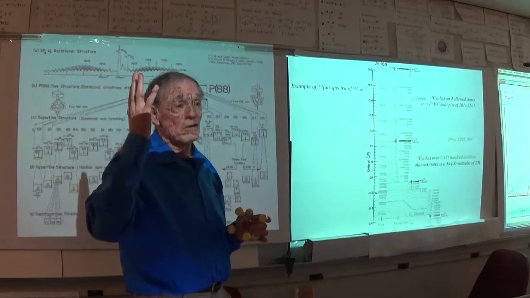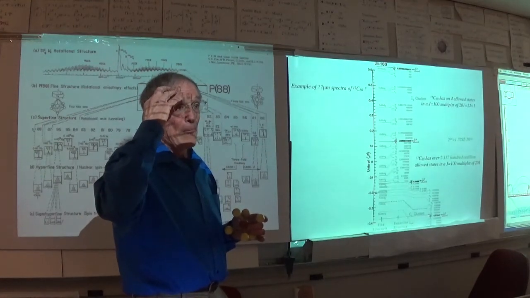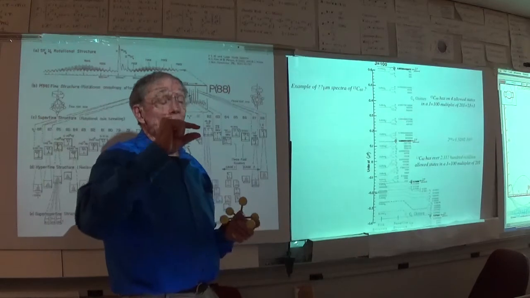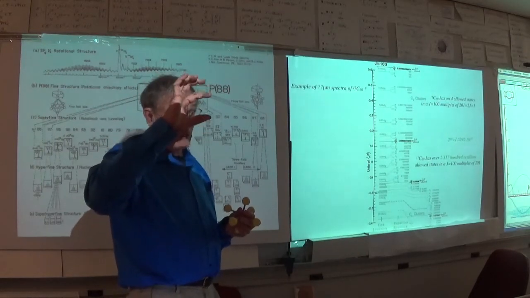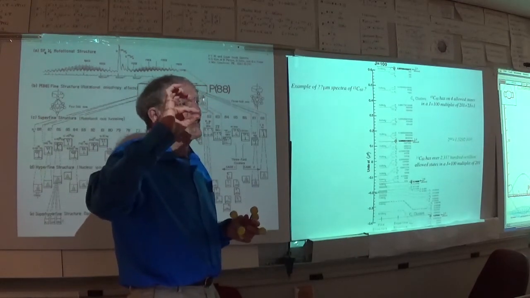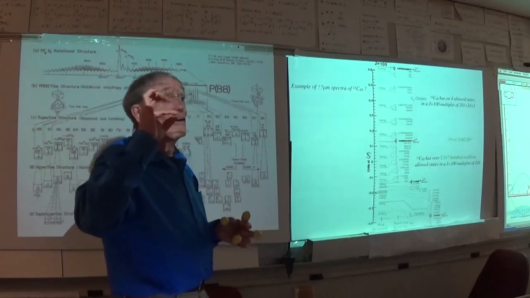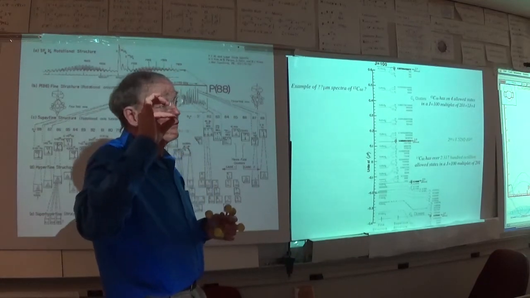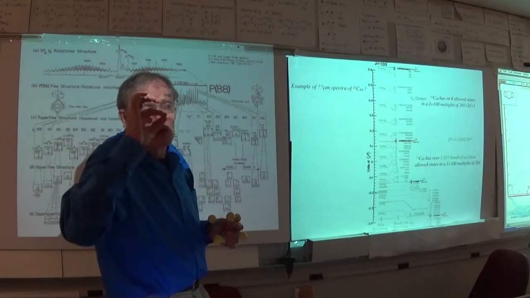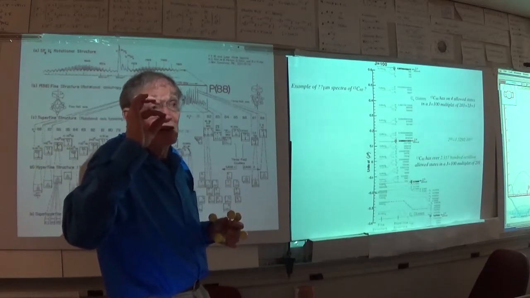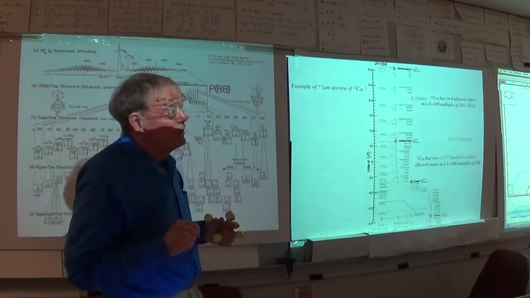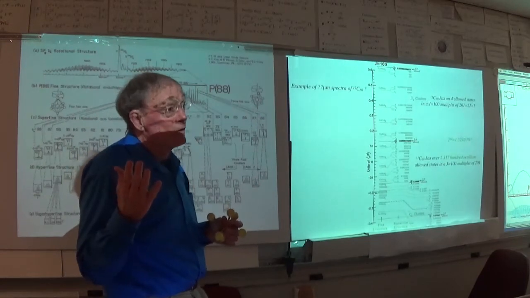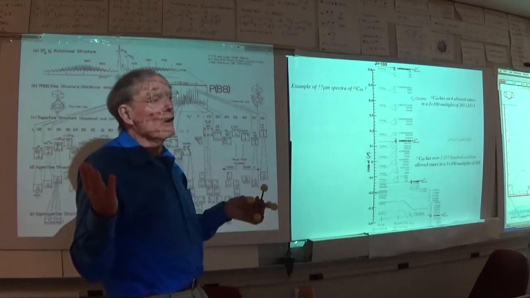factors of thousands. Okay, and then the probability that you would have rotation vibration levels that were within hundreds of hertz of each other, so they could resonate and actually make a change from ortho to para, is essentially zero.